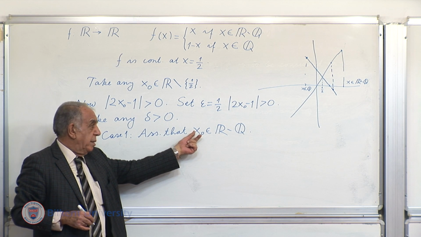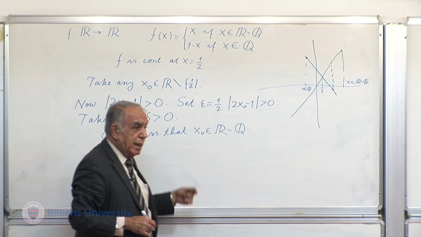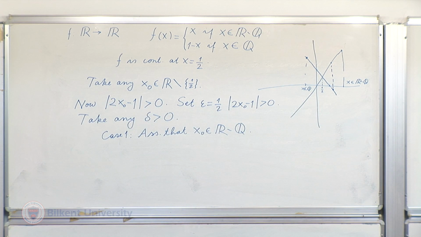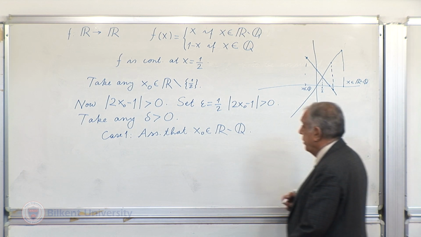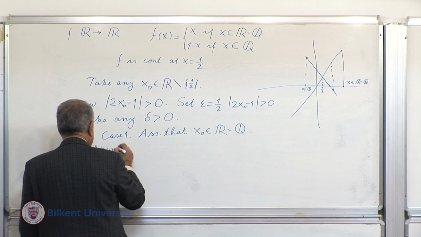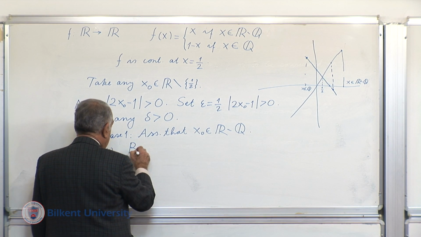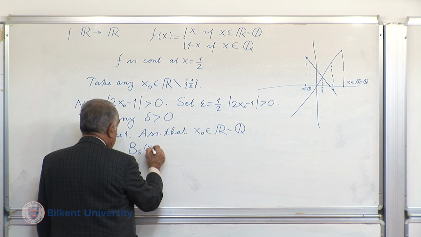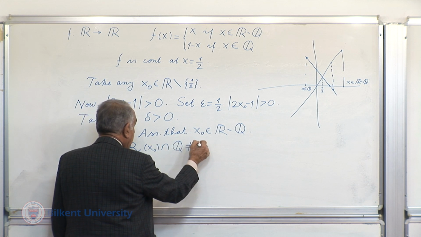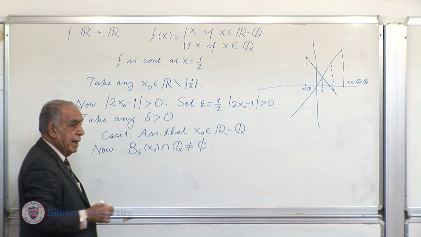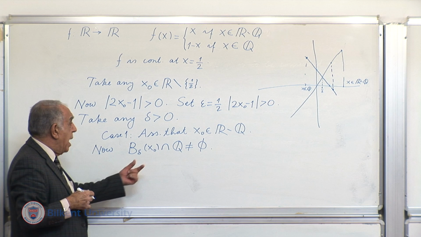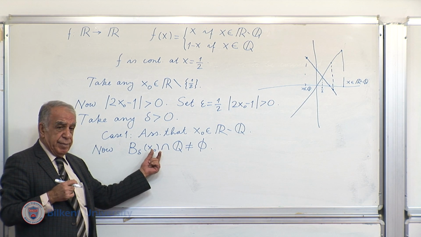But what's important here is that that ball will contain rational points as well. Now, the delta ball about x0 intersected with Q will be non-empty. Pick some member from here.